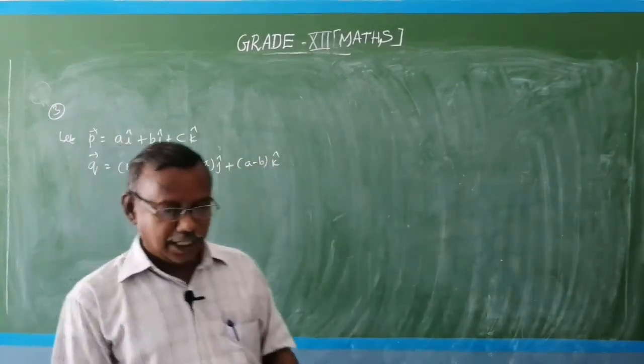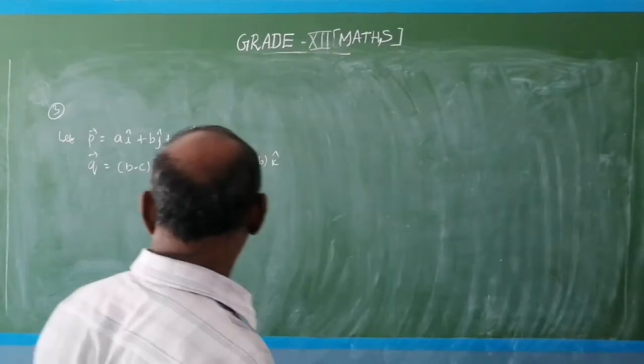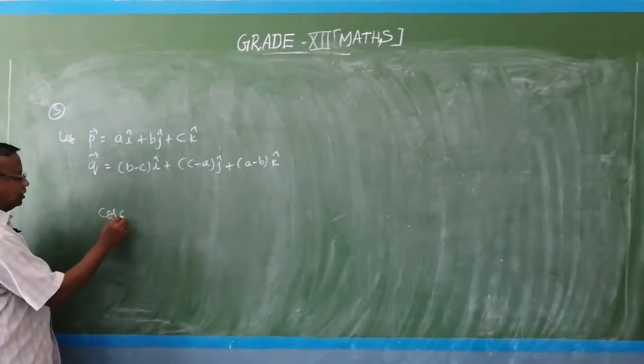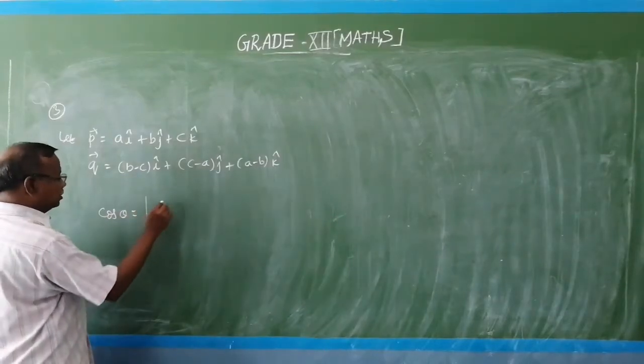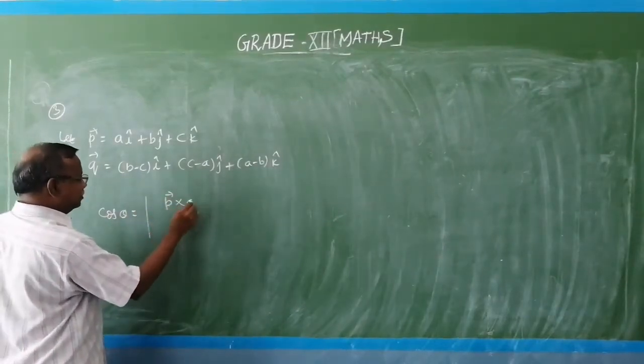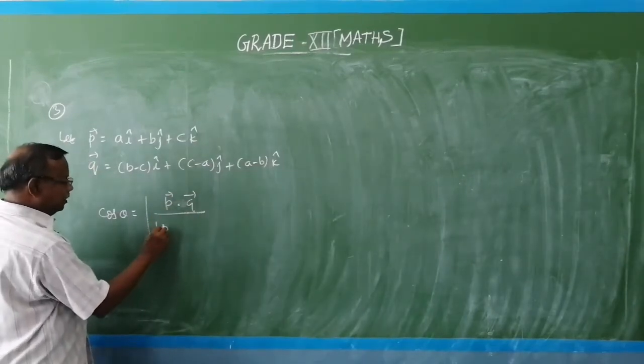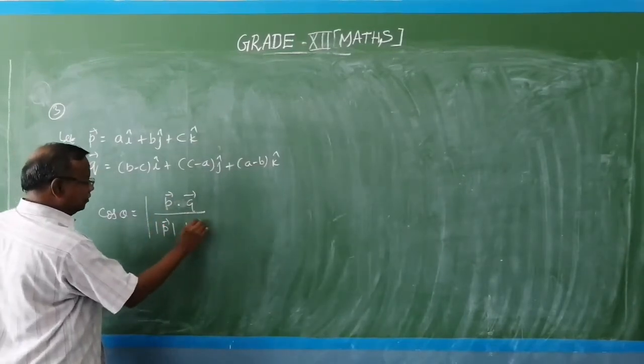Now we need to find the angle between these two lines. Generally, the angle between two lines is given as cos theta equal to modulus of P vector dot Q vector divided by modulus of P vector into modulus of Q vector.